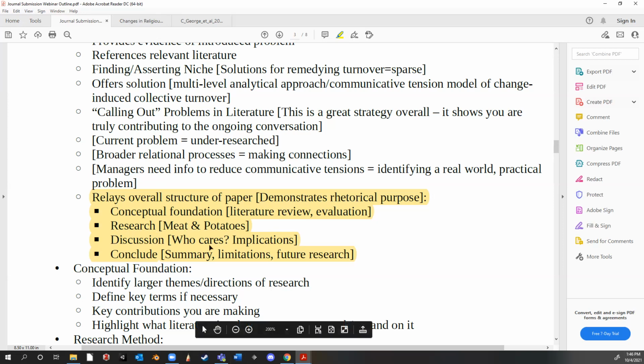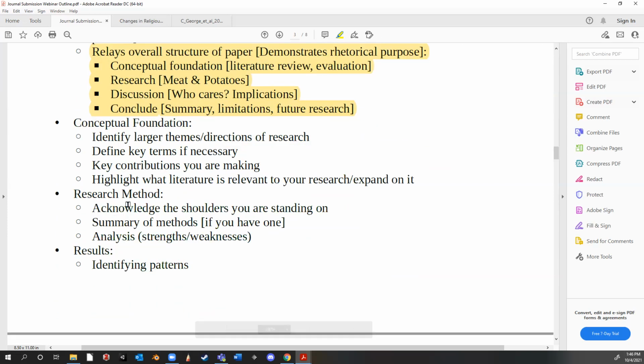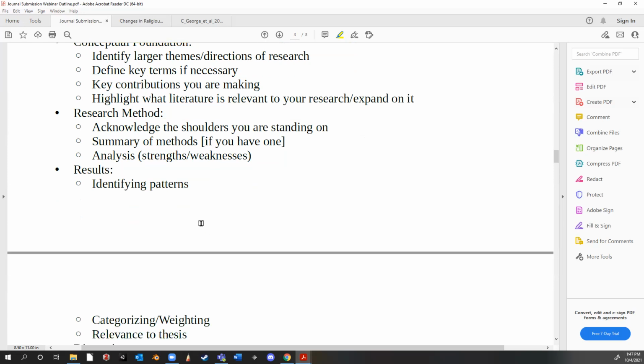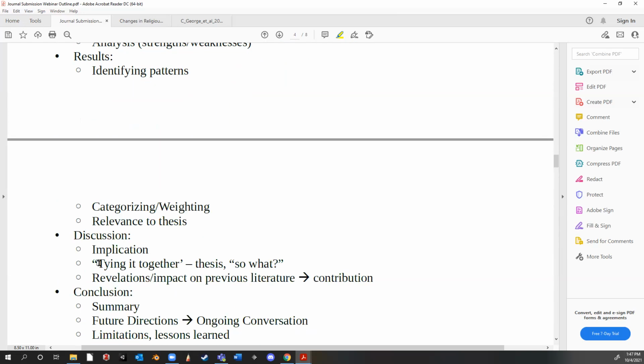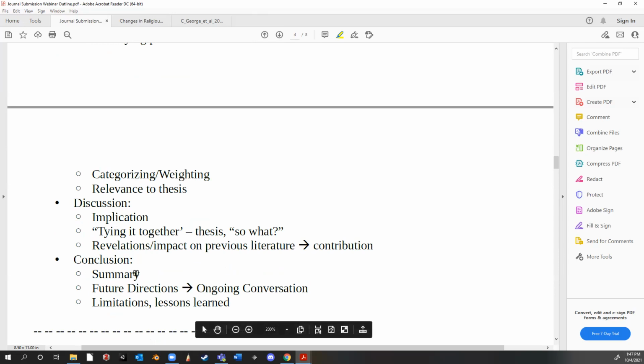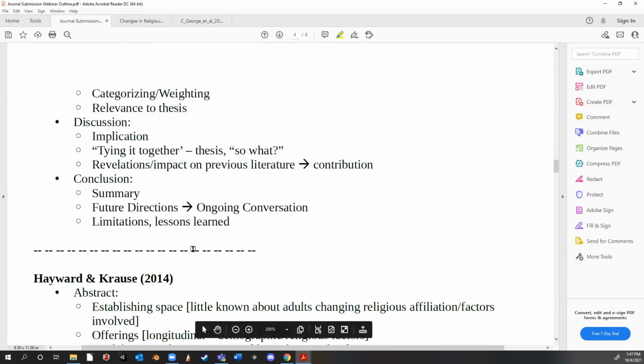With that, after calling their shots and relaying the structure of the paper, most will identify what their methods are. They will announce their results in some kind of way. They will analyze those results before leaning into a conclusion, right? This is a very typical social scientific structure of a paper.